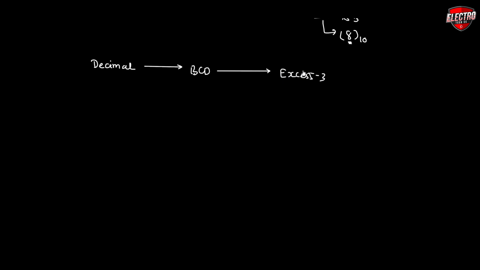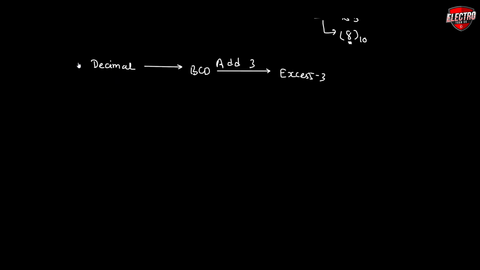Excess-3 code is mostly used in digital communication from one device to another device. So first convert into BCD and then add 3, and it will give you Excess-3 code. Excess-3 code and BCD codes are one type of binary codes. We can represent BCD code and Excess-3 code with the help of zeros and 1, that is binary values.